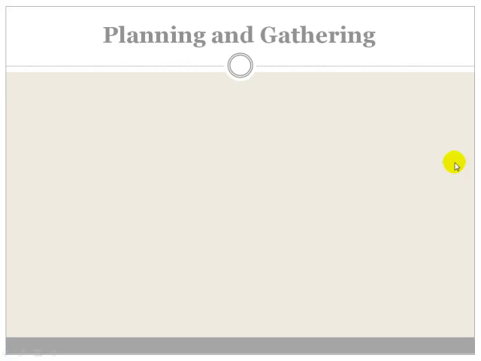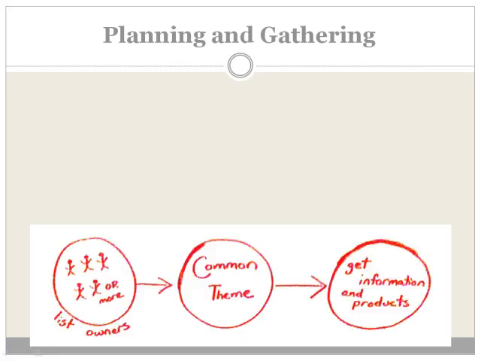So let's talk about planning and gathering, because this step is quite important. I created a whiteboard mind map here just to give you an idea of what this process looks like. So let me walk you through this process.